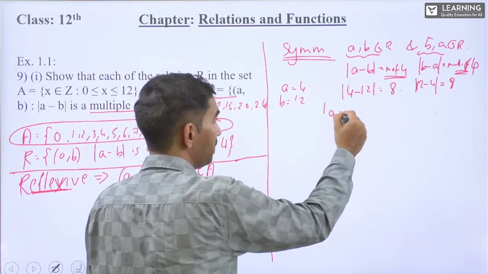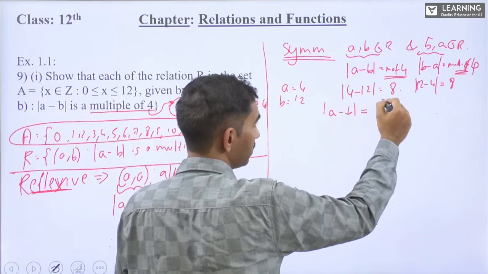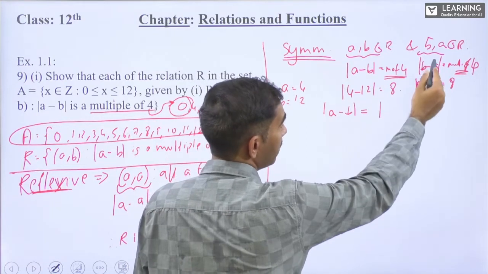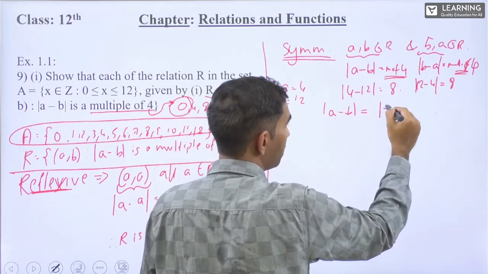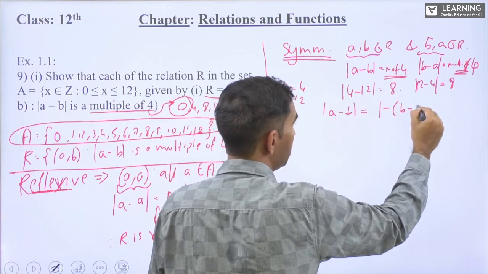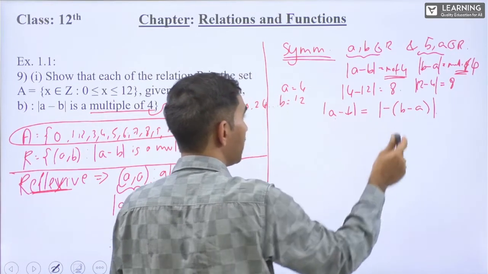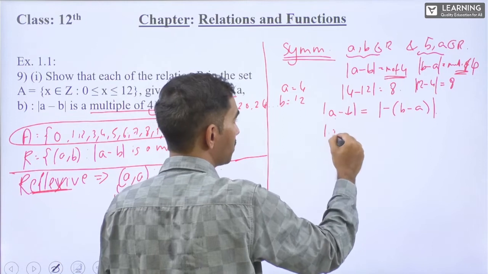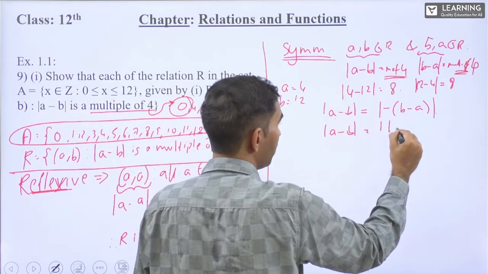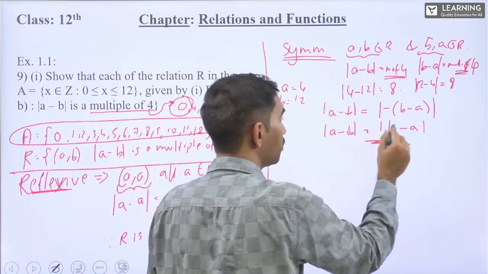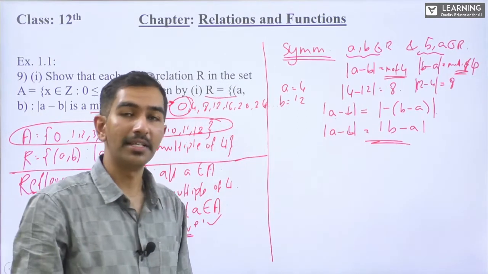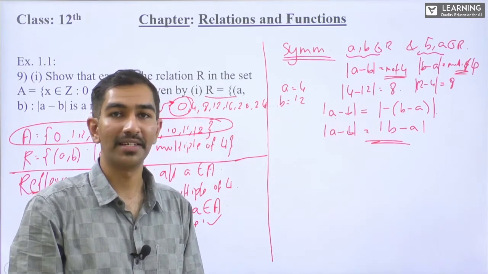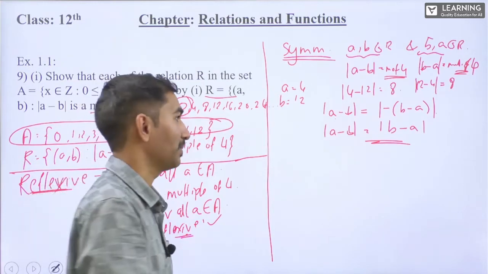Mod of A minus B is equal to mod of, from here take the minus sign common, you will be getting B minus A. So mod of any negative quantity becomes positive. Mod of A minus B is equal to mod of B minus A. So both are equal to each other, which means it is a multiple of 4. Therefore the relation is symmetric in nature. Okay, moving on to the next one.